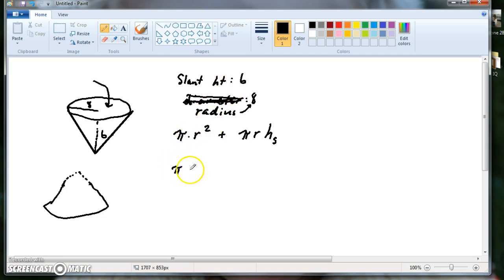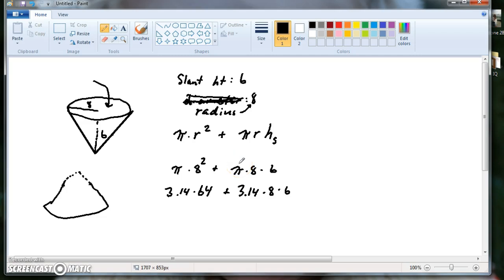So pi times the radius 8 squared plus pi times 8 and the slant height is 6. So all I do is I know that I'm going to use 3.14 and I'm going to multiply that by 64, because that's what 8 squared is, plus 3.14 times 8 times 6.